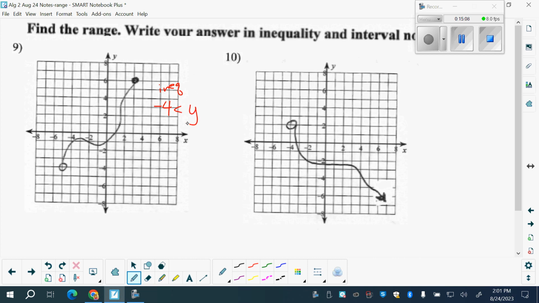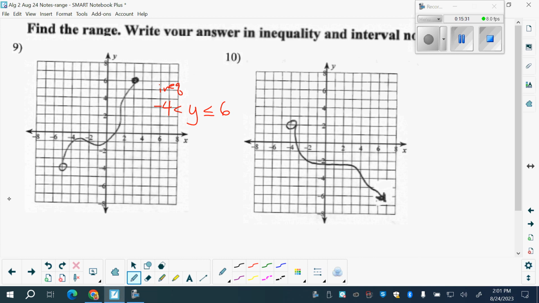Good, less than y. Why did she say less than, not less than or equal to? It's open circle. Open circle, that's right. And then what number goes on the other side? 6. That's right, the high is a 6, less than or equal to? Less than or equal to 6. And if you write that in 2, that's okay. You could say y is greater than -4 and less than or equal to 6. I don't care which way you write it.